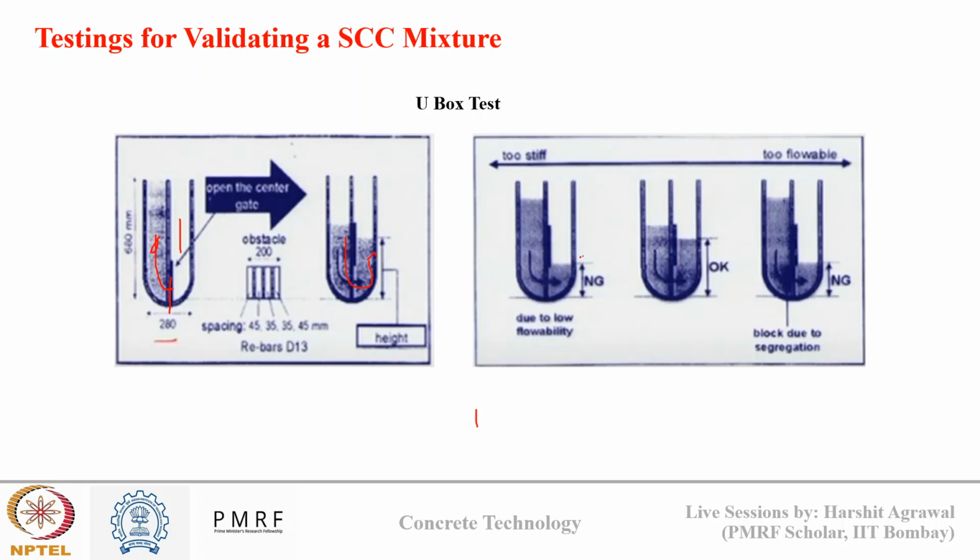If the height of fill is very low, then we say it has very low flowability. So it is a very stiff mix in terms of SCC. If the height is comparable, then we say the concrete is good enough. It is okay for SCC. And if the height is low again, then instead of flowability there can be an issue of segregation.